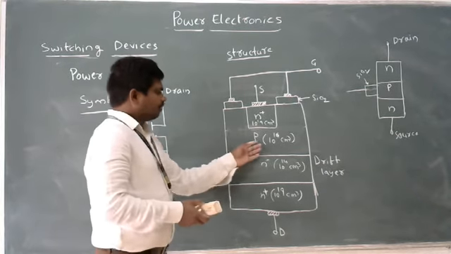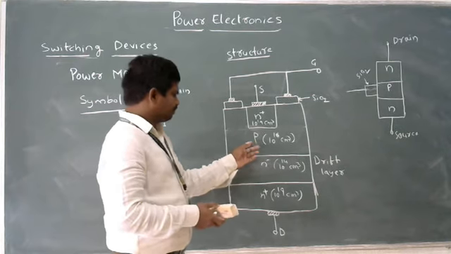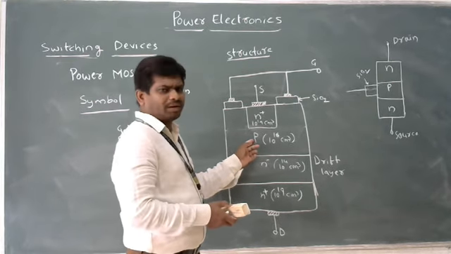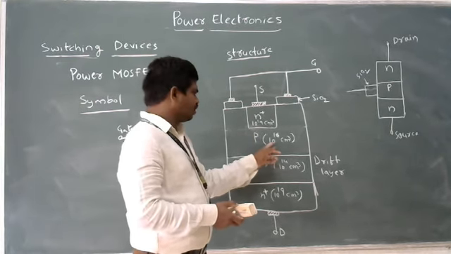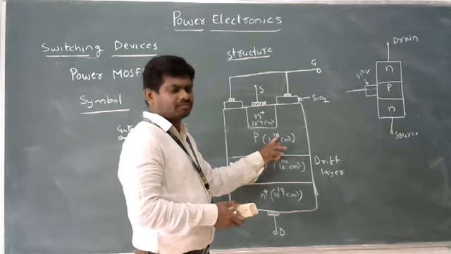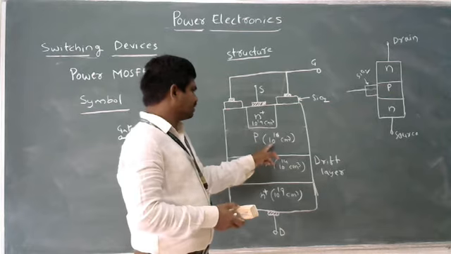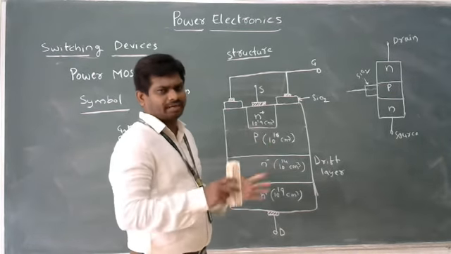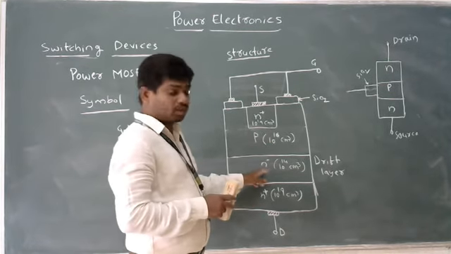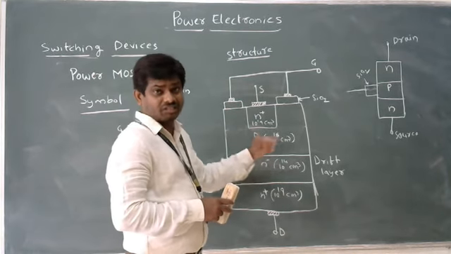These are a few things we can remember very easily. If it is normally doped, it is 10 power 16 per centimeter cube, common to all types of materials. If it is lightly doped, it is 10 power 14, just two numbers decreased, 16 to 14.